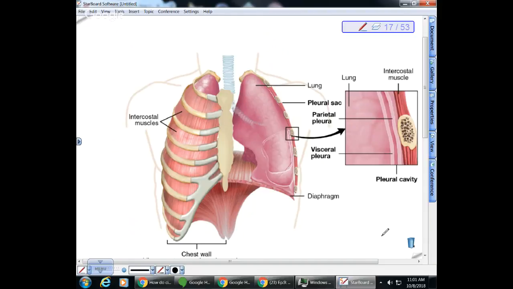There are also muscles that go between the ribs, the internal and the external intercostal muscles. These allow us to expand our rib cage when we breathe in deeply, so it lifts the rib cage. We can also cause our rib cage to depress, for example, when we exhale. So those intercostal muscles also play a role in ventilating the lungs.